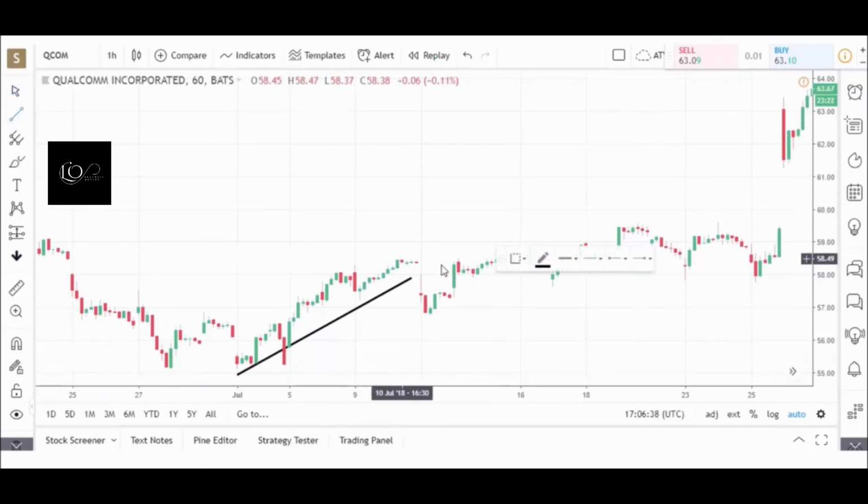And then for several hours, we have a pullback here and support here, which is around 50% of our green candlestick, which is also an important number. And here we have a pennant.